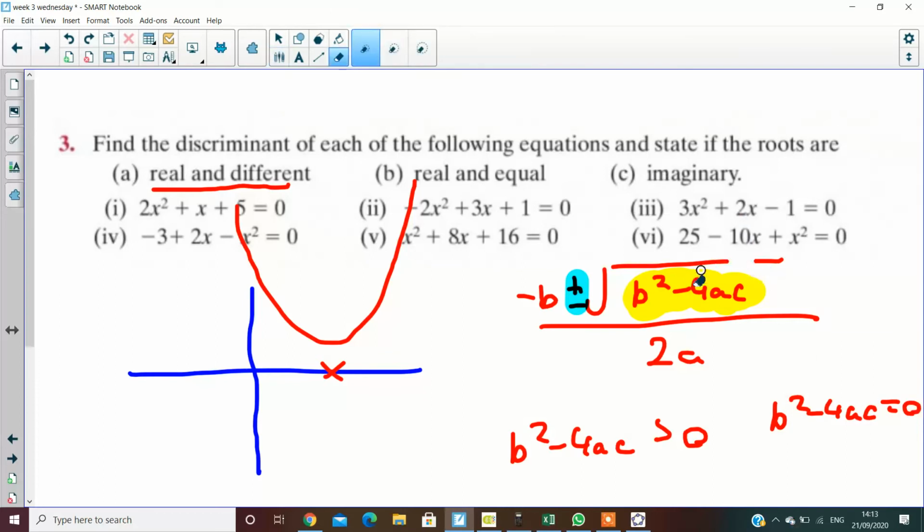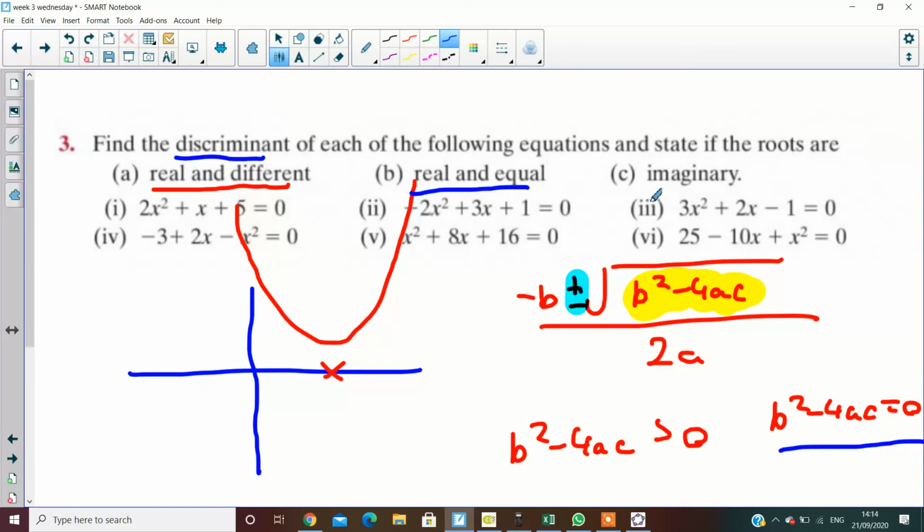However, when b squared minus 4ac equals 0, what does that mean? It means this part doesn't exist, so do you have 2 answers or 1 answer now? You just have 1 answer, and that means real and equal. So real and equal is when b squared minus 4ac equals 0. The discriminant is b squared minus 4ac. That's what you're using to test it out.